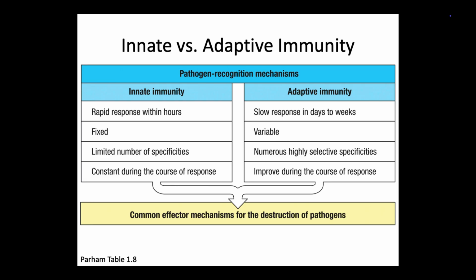Innate immune responses are really happening within hours of you encountering that microbe. I often think of innate immune responses as being the game you've got for the first 96 hours after you're encountering that microbe.